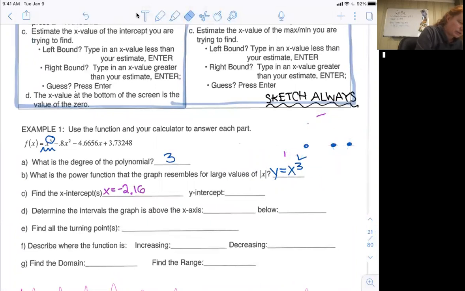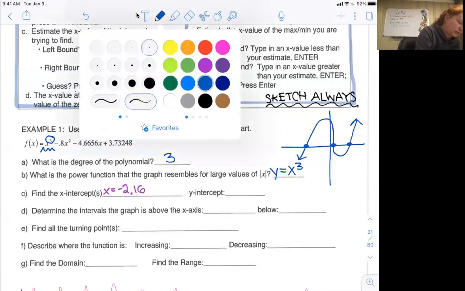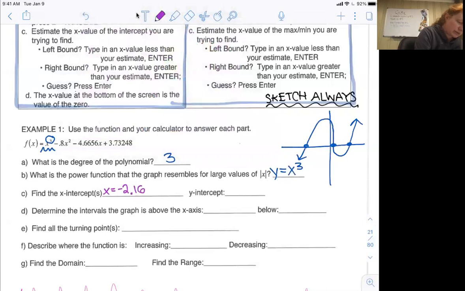Oops, I just lost my x-axis. Because there are 3 x-intercepts here, you're going to have to do that 3 times, okay? When you do the next one, the left bound is going to be to the left of it. So this time your cursor is going to need to be somewhere up here. And the right bound would be here.